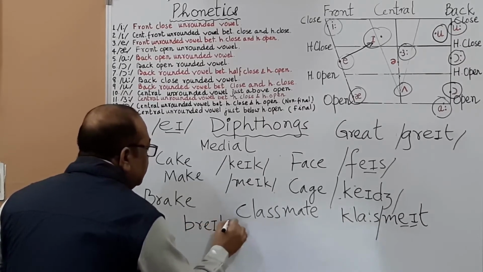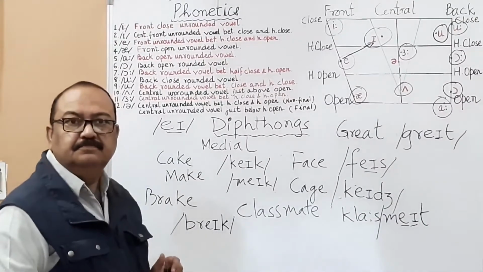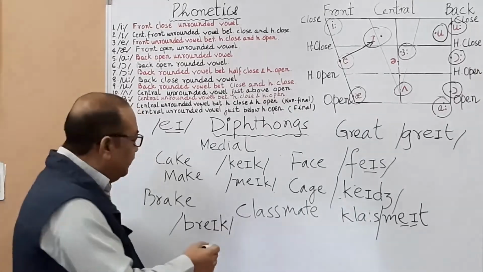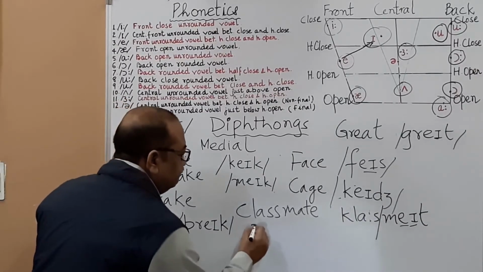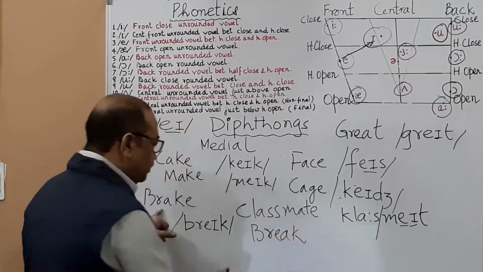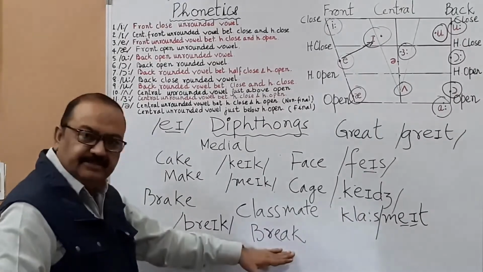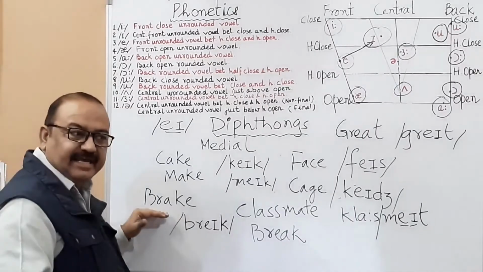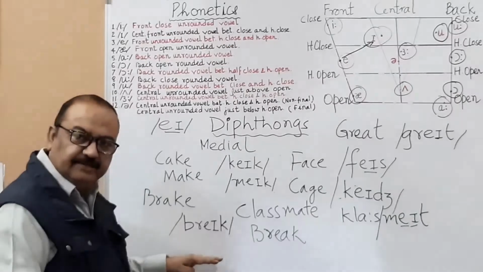So this is break, whether you write break this way or even this way. Tea break, summer break, and brakes of the car, or the cycle, or train. Both are transcribed in the same manner.